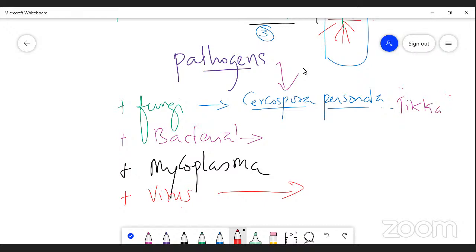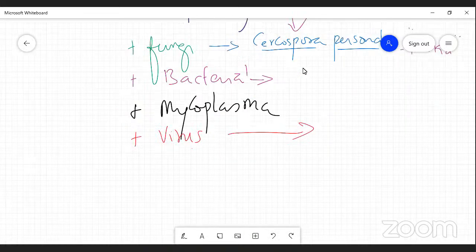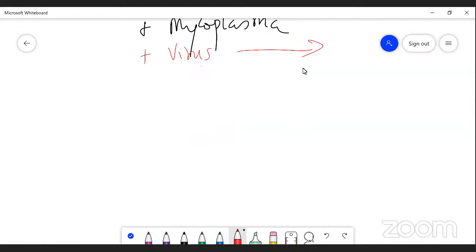So due to the entry of these pathogens in the crop field, the crops are going to collapse. They are going to reduce the yielding capacity, and hence the cultivators may suffer a large amount of losses.